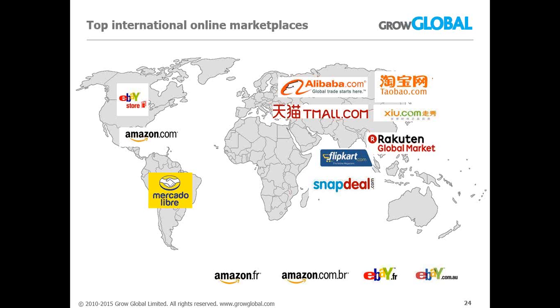As you can see on here, there's Alibaba, Taobao or Tmall in China, Rakuten, which started in Japan and Asia and is now becoming quite a global marketplace. You've got Mercado Libre, which sells in Spanish and Portuguese in South America. And then in India, you've got a couple of marketplaces that are emerging as well, Flipkart and Snapdeal.